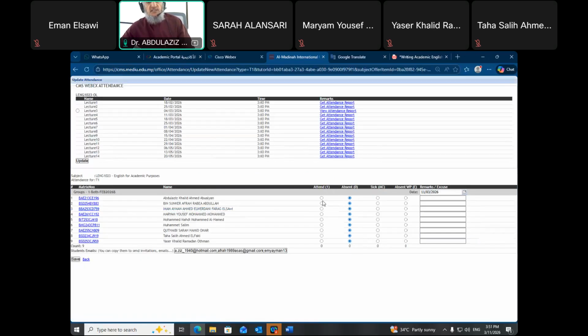عبد العزيز خالد. بن سنكر أفراح. إيمان أيمن أحمد الصاوي. إيمان.